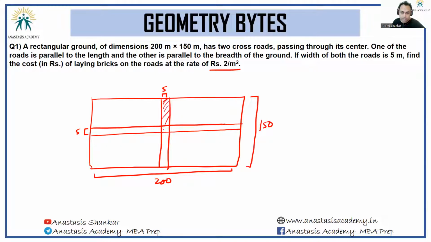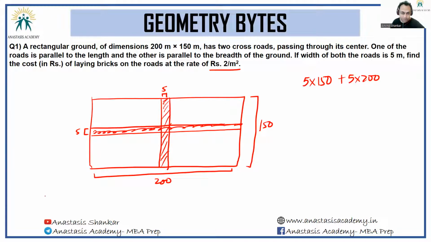For the one that I have shaded, can you see this rectangle is 5 into 150? Area is 5 into 150. For the one that I have made one unbroken line in, the area of that rectangle is 5 into 200.